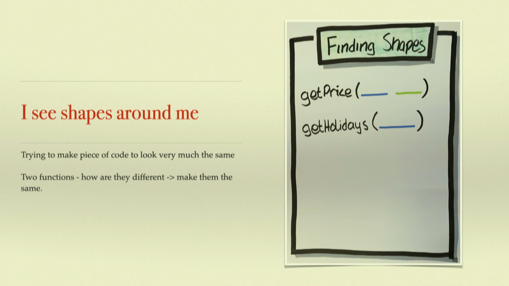That helps me a lot. So if I think about these two functions, how can I make them the same? Does anyone have any quick thoughts? How are they the same?